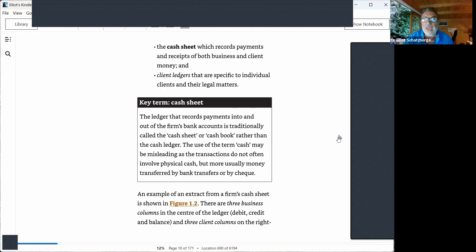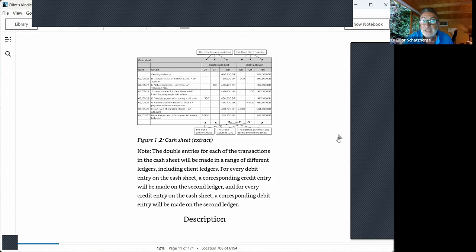And again, we've got this cash sheet, and I've already told you about that. In the cash sheet, I just want to show you this if you can see it. There are essentially two sides, and this is the final most important point I wanted to make. On the cash sheet, there's the business side and there's the client side. There is on their own ledger as well, by the way.